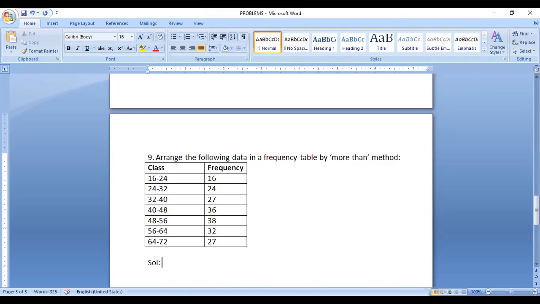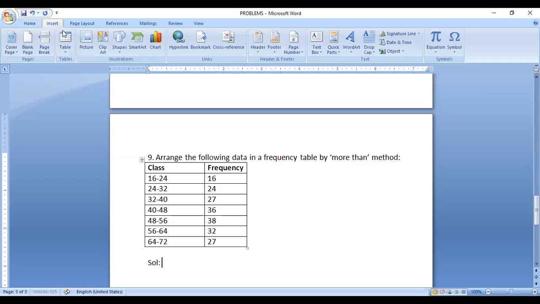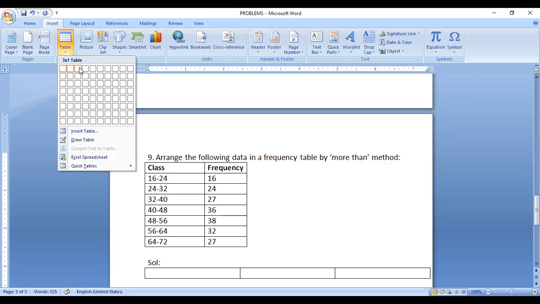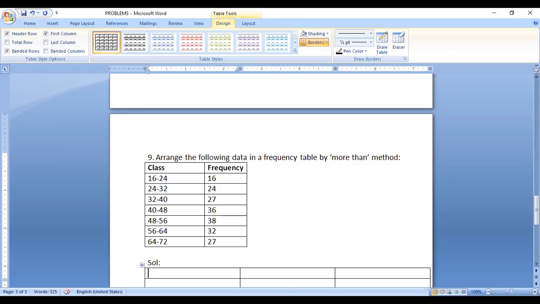Solution will be like this. First draw a table. Class interval and frequency.